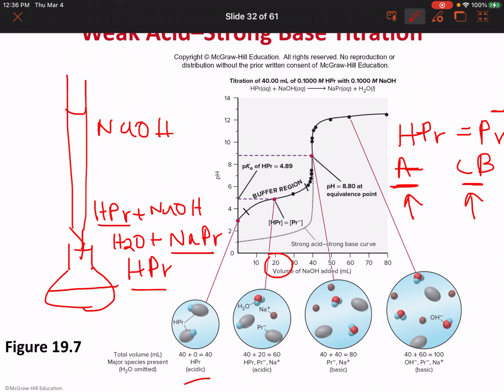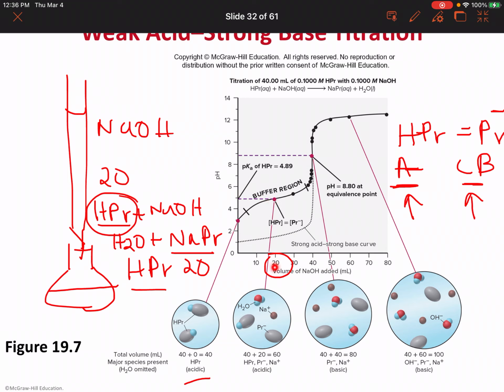So when you add sodium hydroxide to generate half propionate from what we originally started with, you have 20 milliliters of this and 20 of that, and it's the same molarity, so you have created a buffer. We call this region here the buffer region when you add 20 milliliters of sodium hydroxide. Okay, buffer region.